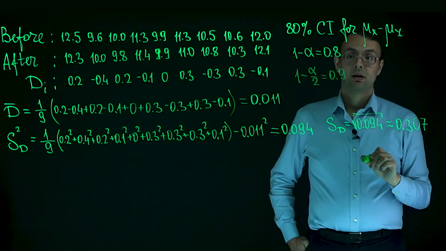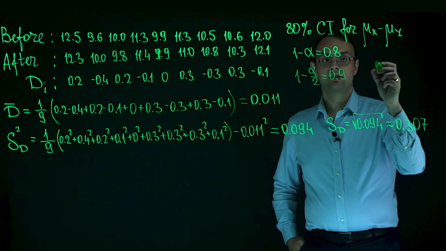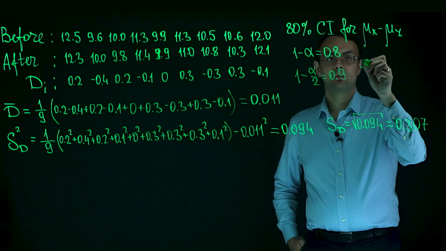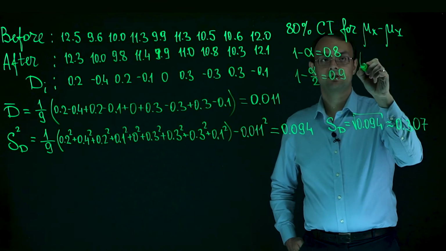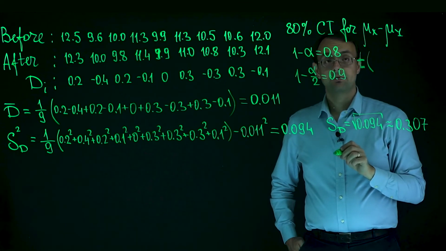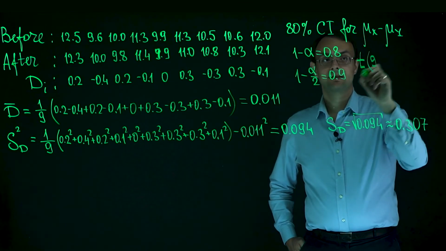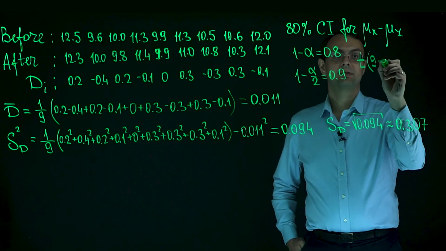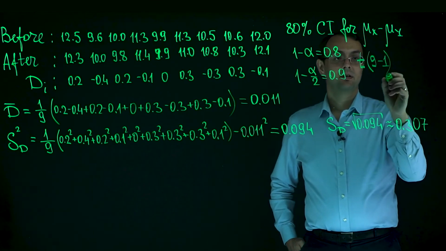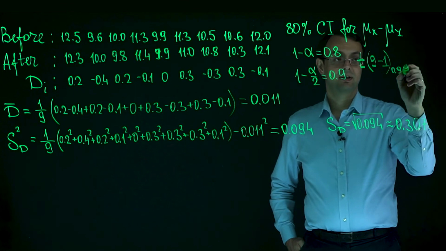So I will need the quantile of the student's distribution with 8 degrees of freedom, 9 minus 1, where 9 is the sample size, of the level 0.9.